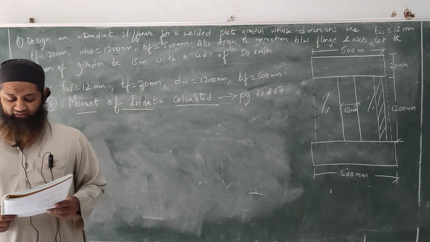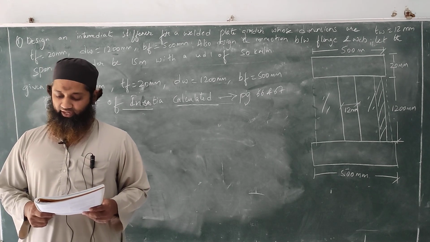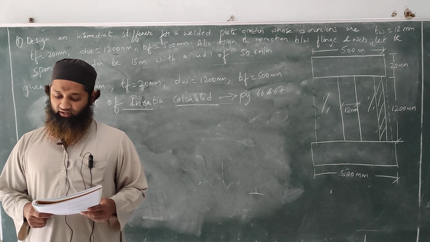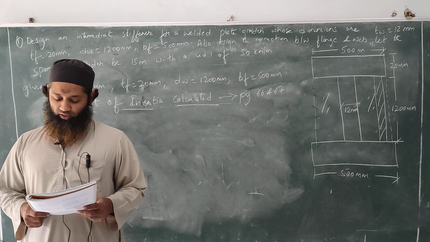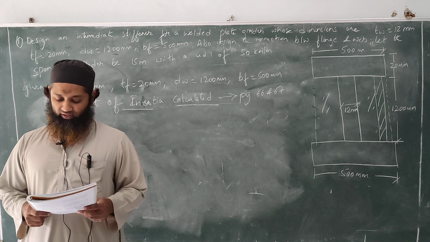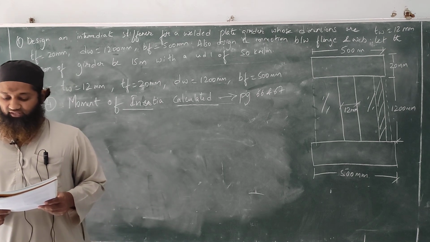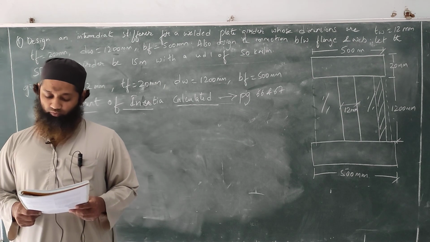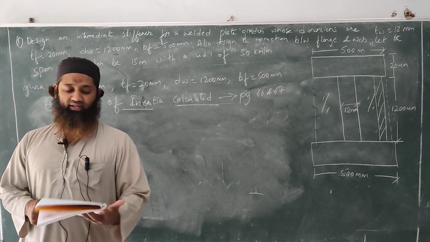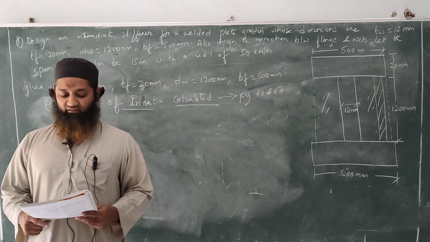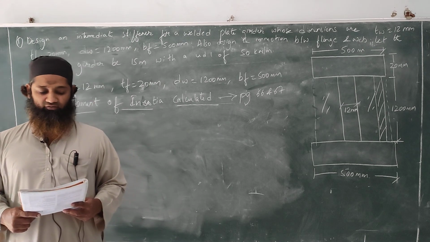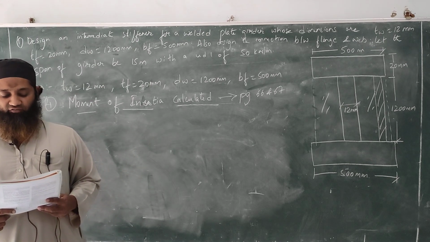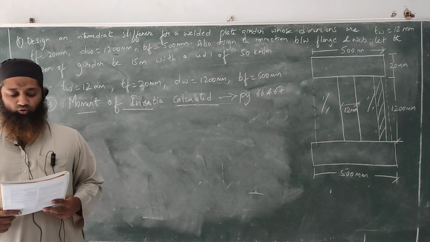It says that if the C by D ratio is greater than root 2, the moment of inertia calculated is 0.75 d TW cube. And if the C by D ratio is less than root 2, then the formula is 1.5 d cube TW cube by C square.